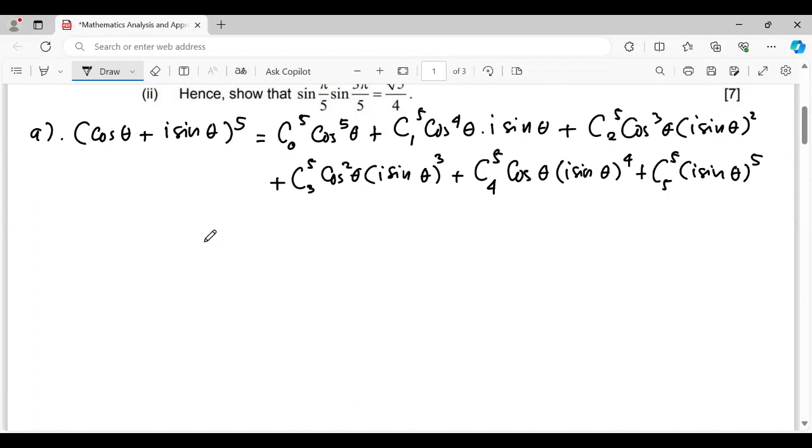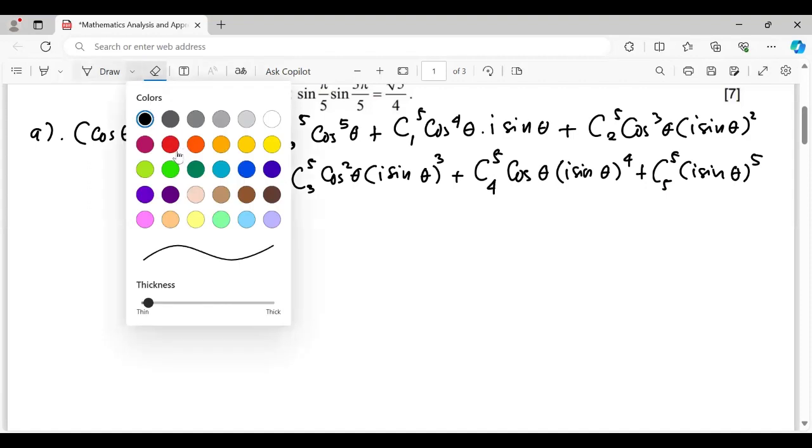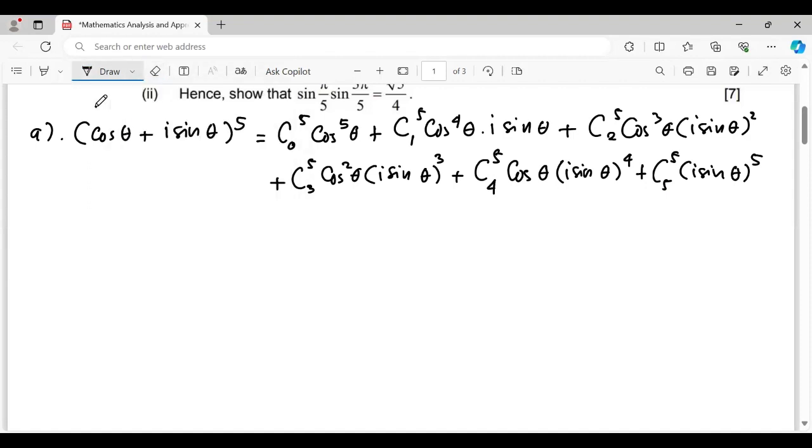And this expansion becomes, I'm going to write the combinations first.